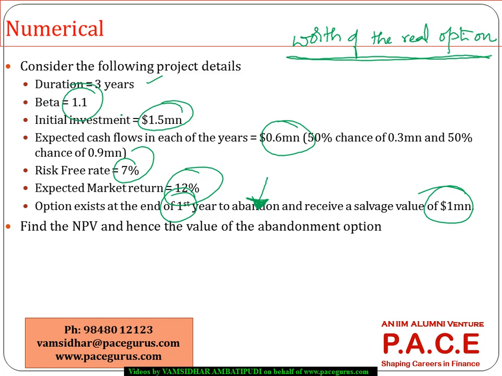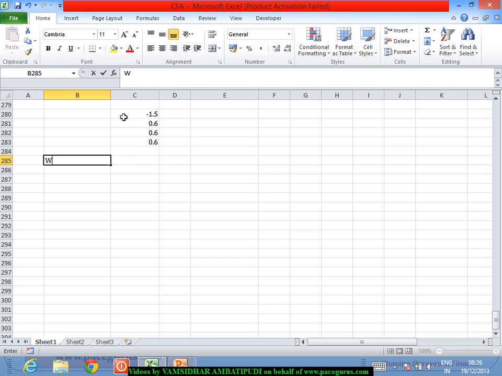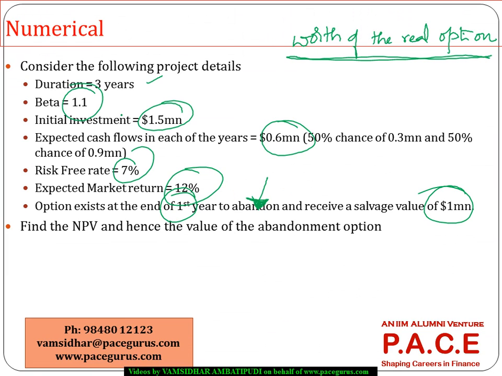And I need to know what is my cost of capital, WACC, which is where I can use the CAPM mechanism in this example. So I can take risk-free rate of return plus beta of the project times the expected market return minus the risk-free rate of return.